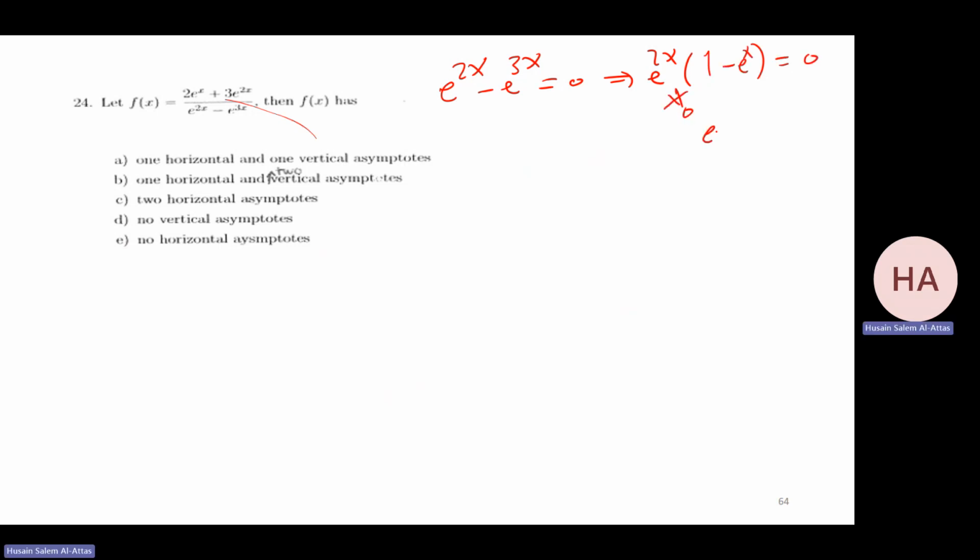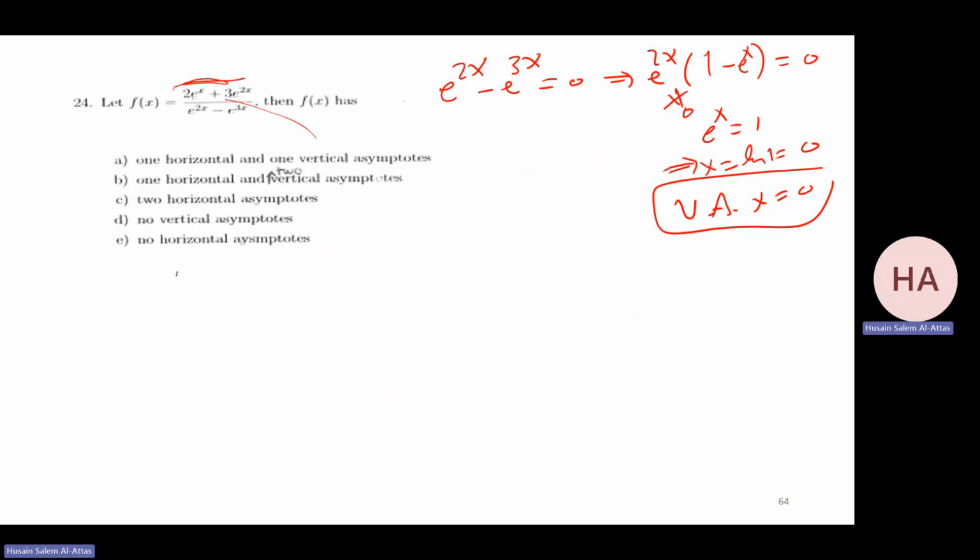This cannot be equal to 0, so a^x equals 1. Take ln: x ln a equals ln 1, which is 0. We notice that at x equals 0, this will be 2 plus 3, non-zero over 0, so we have vertical asymptote x equals 0.